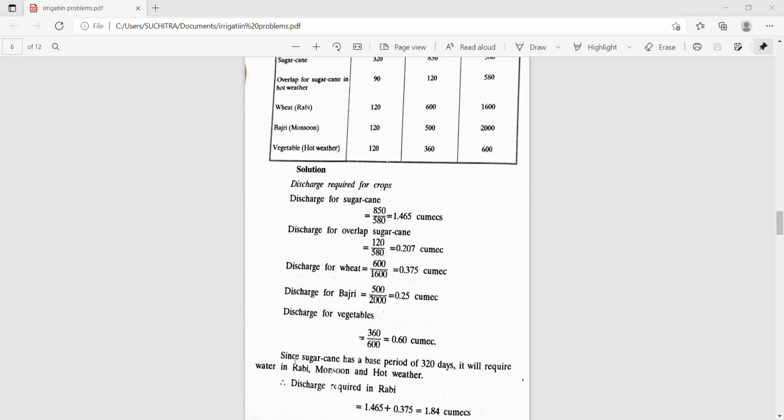Now, since the sugarcane has a base period of 320 days, it will require water even in Rabi season, even in monsoon season, and also even in hot weather season. So the discharge required in Rabi season is the discharge required for sugarcane, 1.465, plus 0.375 cubics, that is 1.84 cubics.